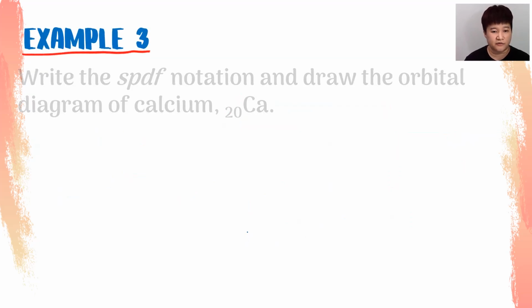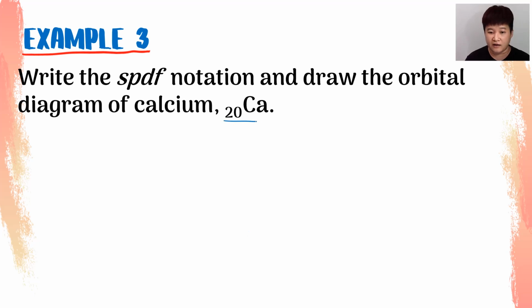Last example before we end, I have calcium 20. Let's see. So the proton number right now is 20. And since it's neutral, the proton number will be equal to the number of electrons, which is 20.